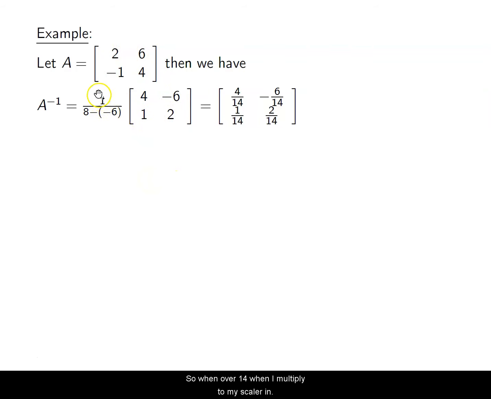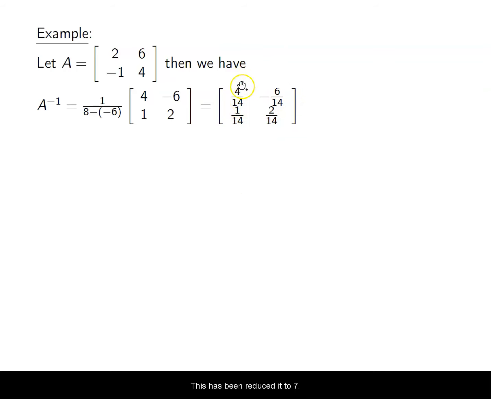Okay. So 1 over 14, when I multiply my scalar in, you always simplify this. Now, I said this before: keep your answers as exact values in this class, meaning simplify your fractions fully, but do not ever give me a decimal unless it's an application problem, okay?